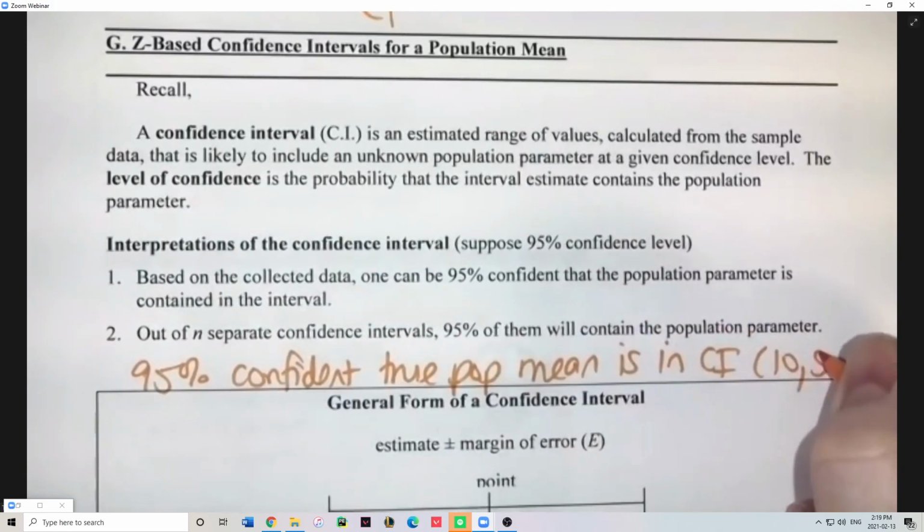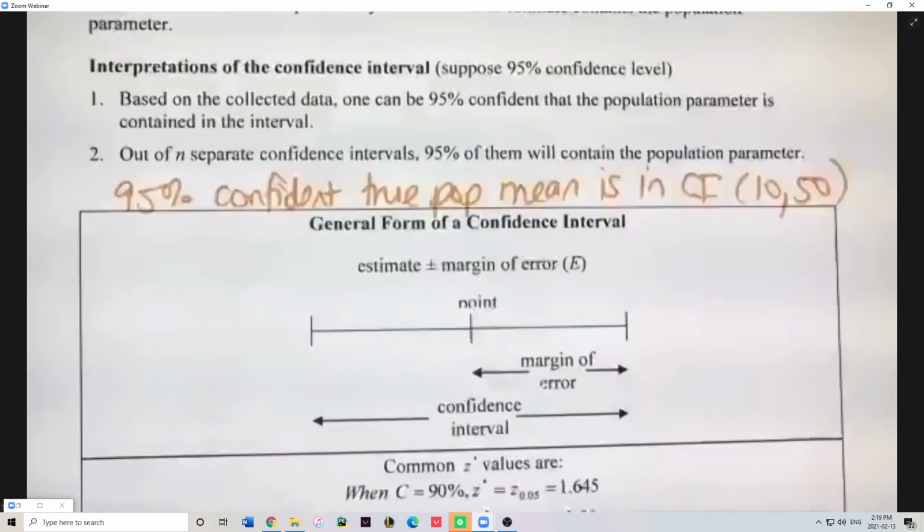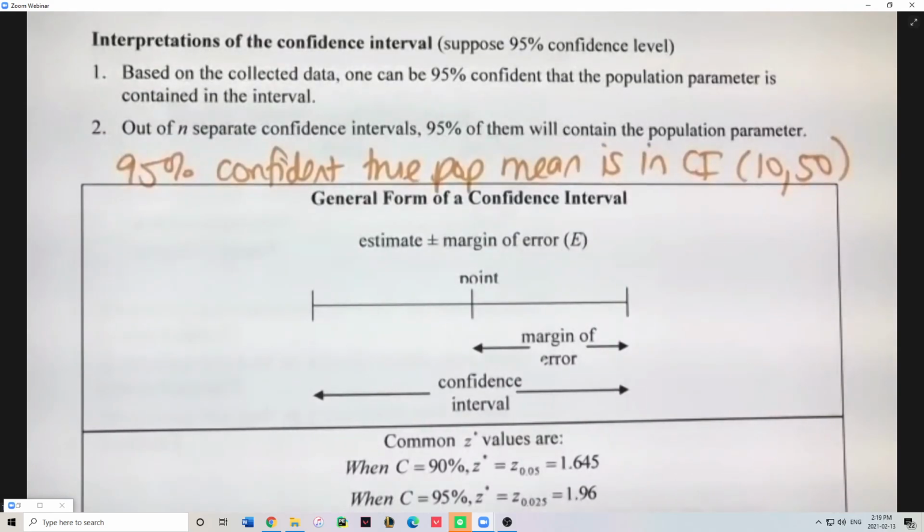So let's make up a confidence interval that goes from 10 to 50. Then we are 95% confident that the true population mean is between 10 and 50.